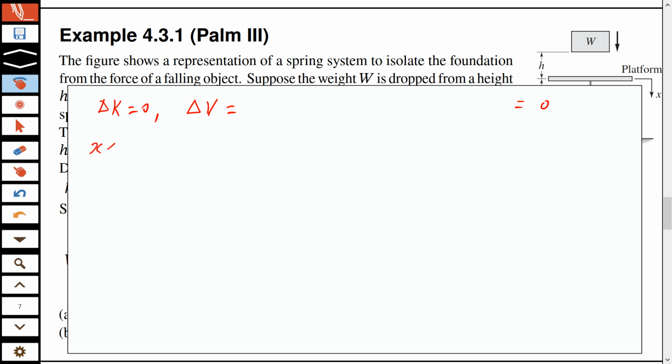And we first consider the case when x is less than d. X is less than d means that only spring k1 is contributing to the energy.